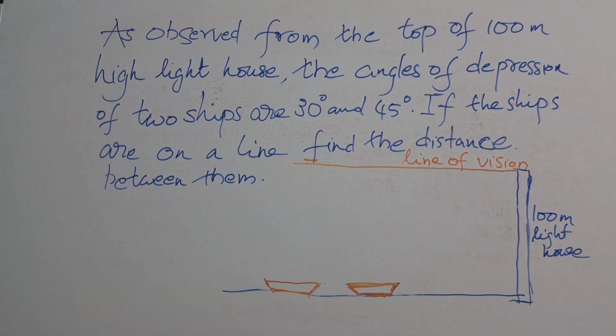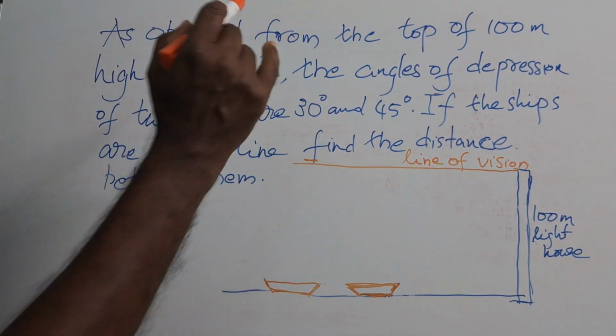Before answering this question, I'll give you a little explanation regarding angles of depression or angles of elevation. Here one of the angles of depression is 45 degrees, another is 30 degrees.